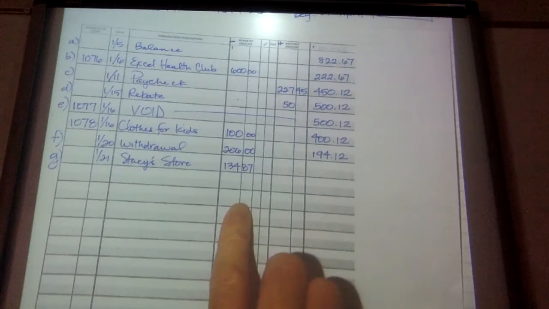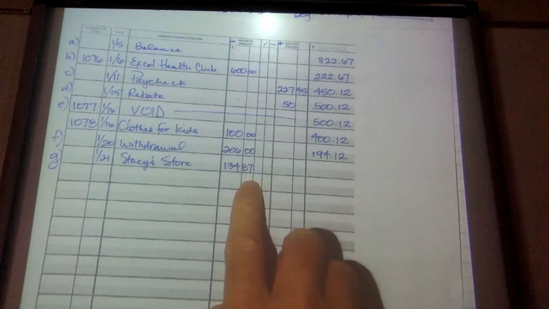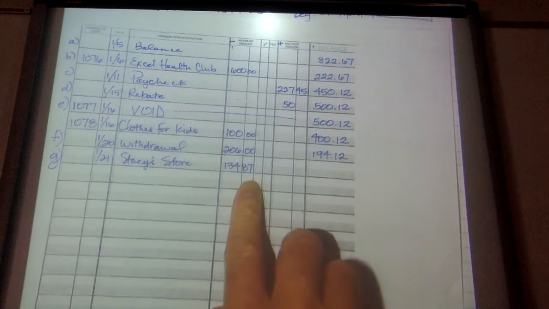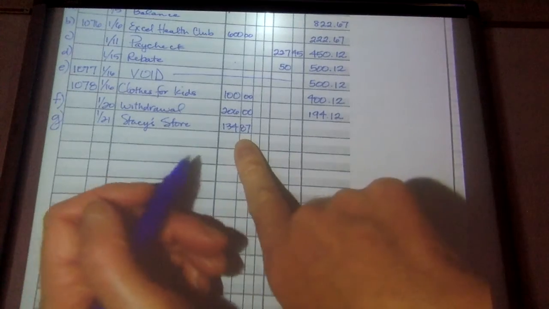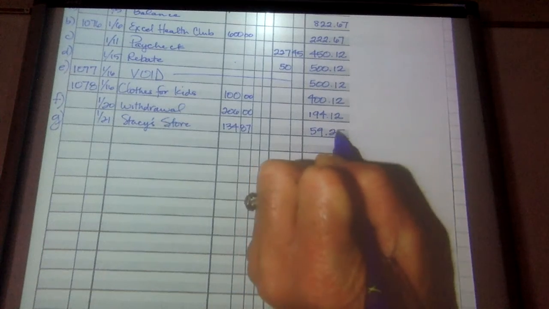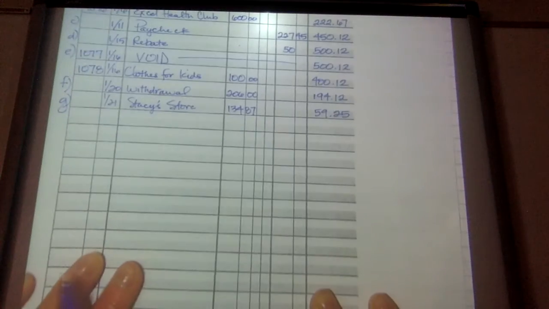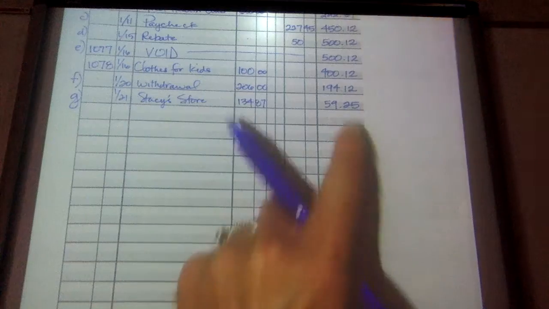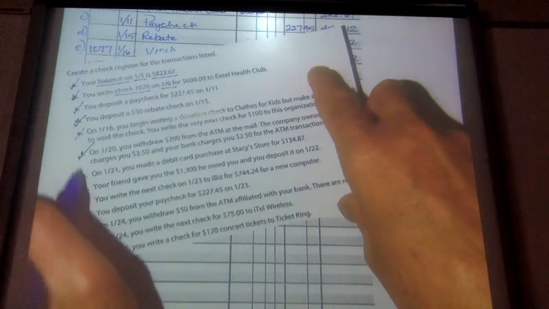Remember, any payments we make should go in this and should be a subtraction. So I'm going to go ahead and subtract that out, and I'm only left with $59.25. I hope we get a deposit soon because our balance is getting low.